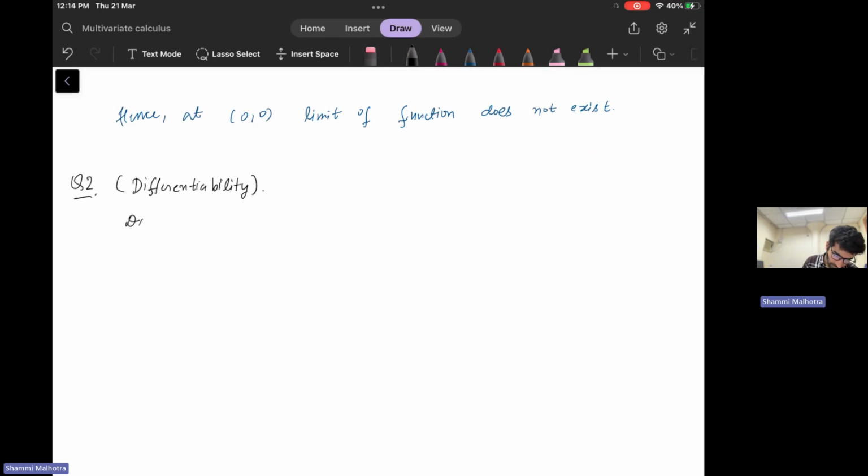So the question is we have to discuss the differentiability of the following function at (0, 0).